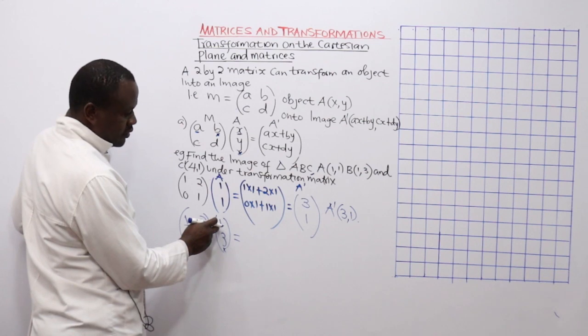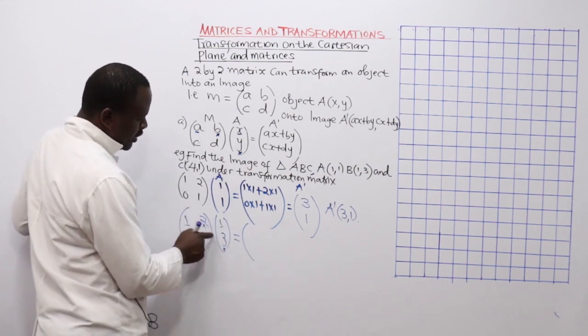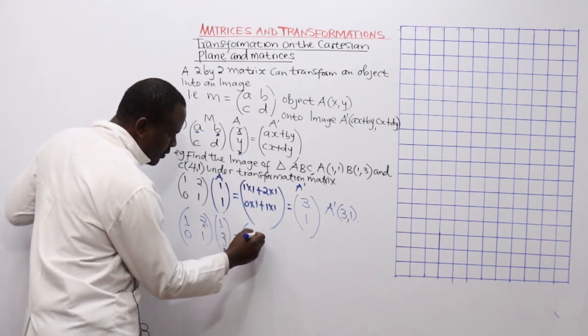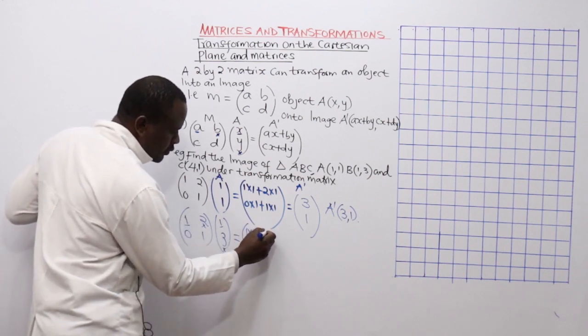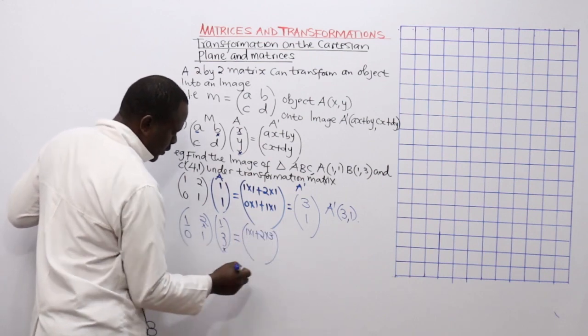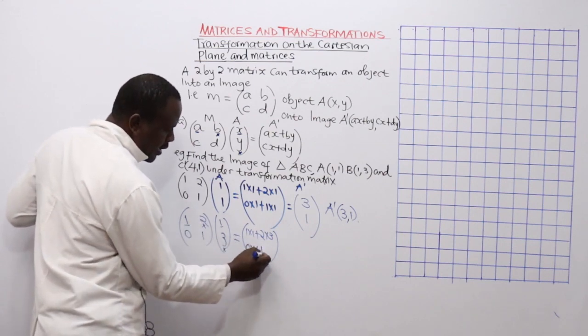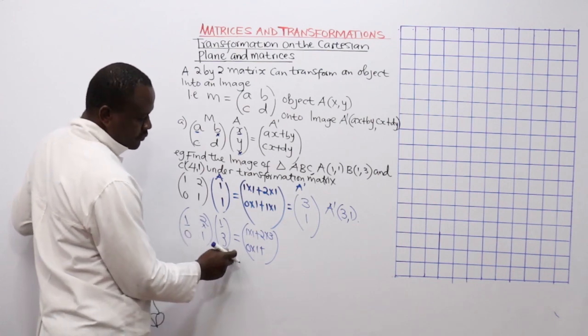1 times 1 is 1 plus 2 times 3. 0 times 1 plus 1 times 3.